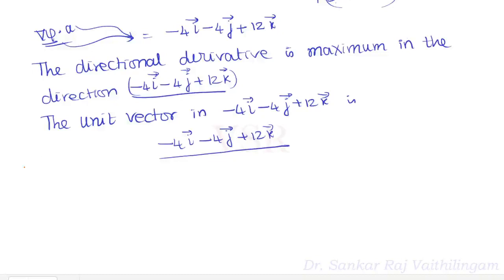So square root of (-4) squared, 16, plus (-4) squared, 16, plus 12 squared, 144. Okay, so 16 plus 16 is 32, and adding 144 to 32, this is square root of 176.